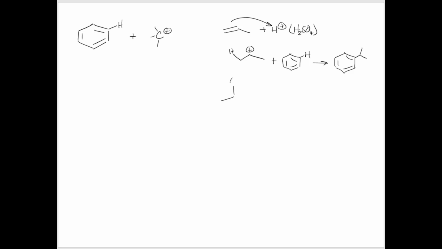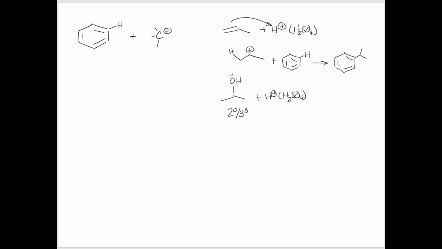Well, I could do the same thing with an alcohol, a secondary or a tertiary alcohol, reacting with H plus from, again, probably H2SO4, because I want something that doesn't have a good conjugate base that can act as a nucleophile.